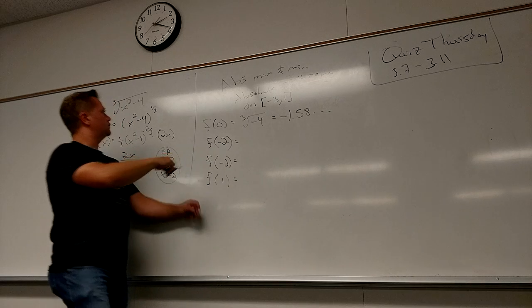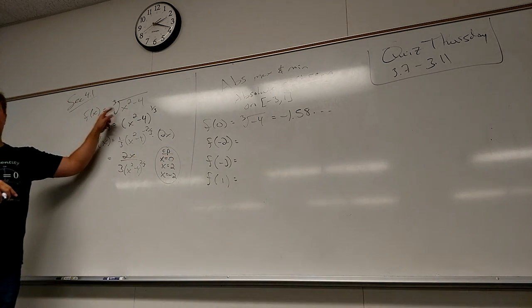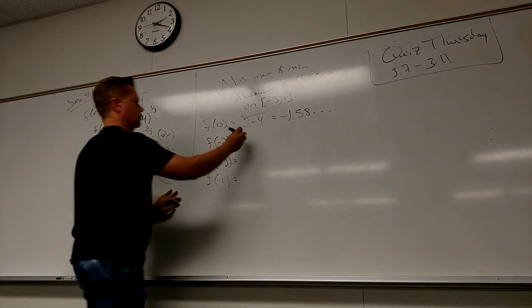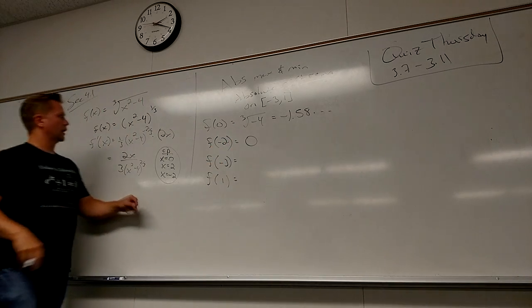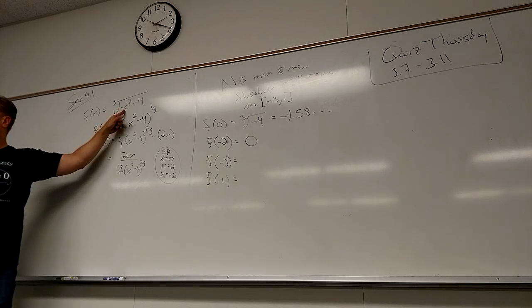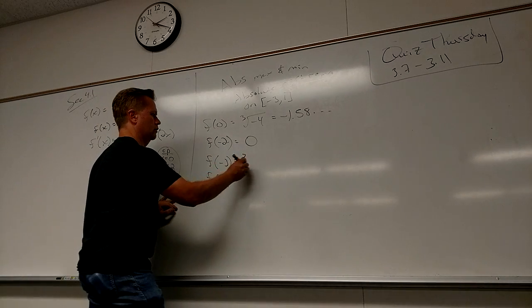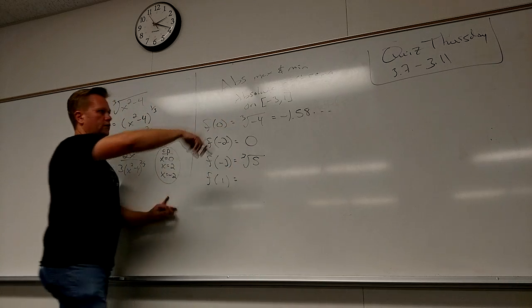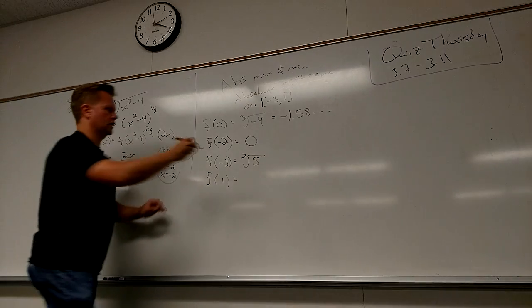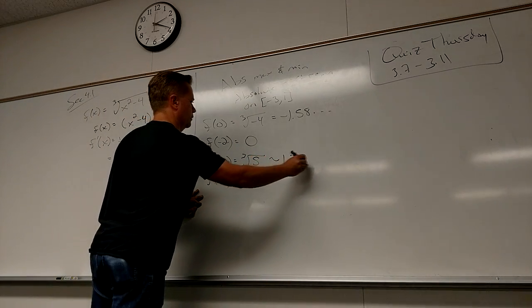What about f of -2? Well, that's going to be 0. That happens to be 0. I like it. F of -3, that'd be 9 minus 4, which is the cube root of 5, which we can plug in the calculator. It's definitely bigger than anything so far, right? About 1.7.